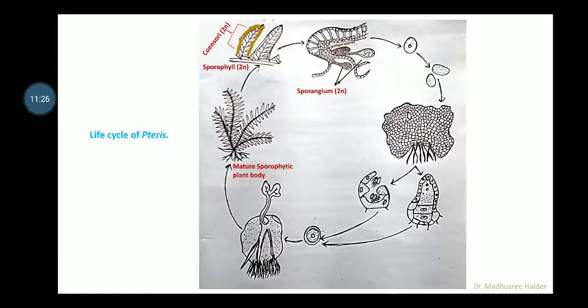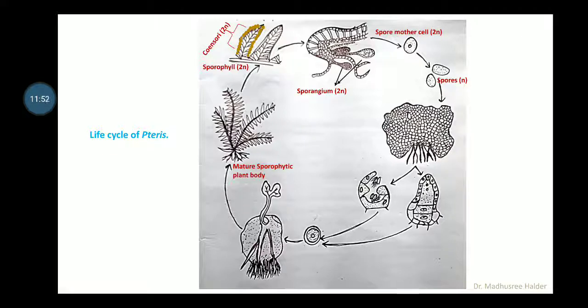In each sorus there are many sporangia that are also 2n, and from each sporangium spore mother cells are produced, that is also 2n or diploid chromosome number. Each spore mother cell produces spores by meiotic cell division or reductional division.